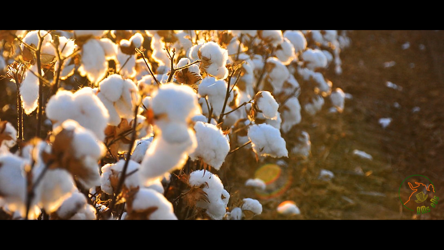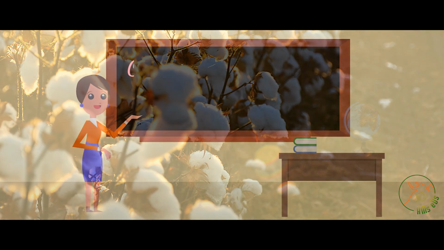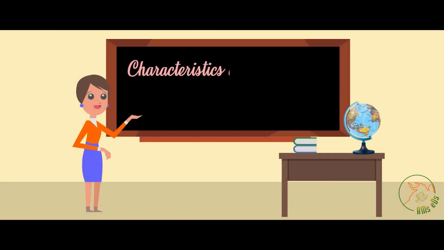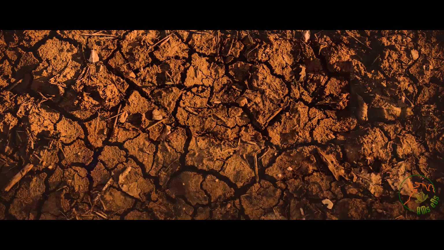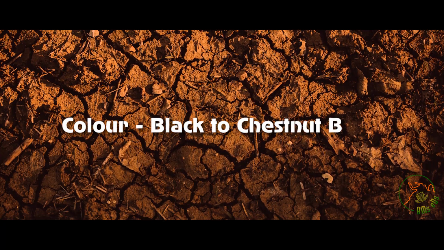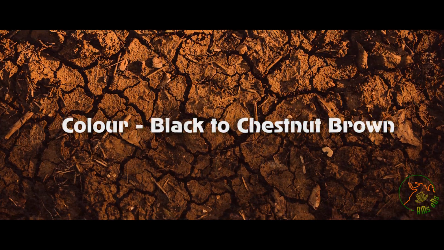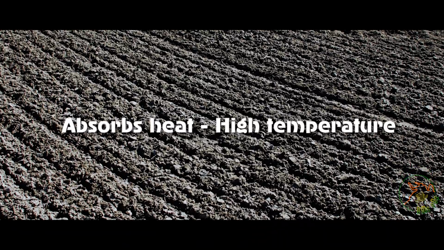Just as we did in the previous class, we will go through the characteristics of black soil based on its physical properties first. Its color varies from black to chestnut brown. A peculiar trait of this soil due to its black color is that it absorbs heat, so it can have high temperatures.